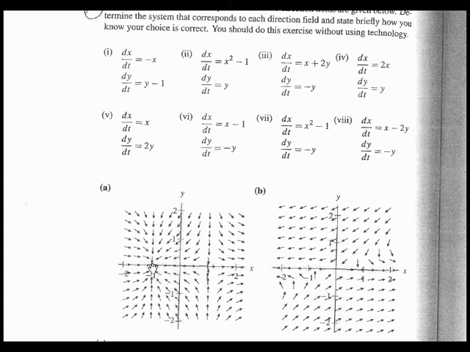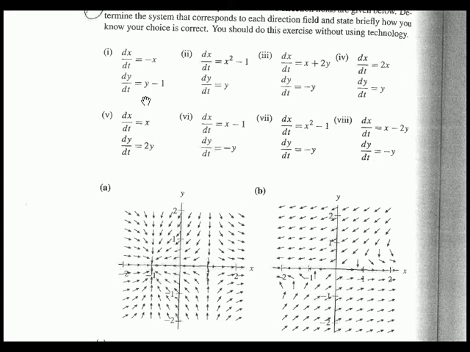This one looks like a sink, it's sucking everything in. This one actually looks like kind of a node. In one direction you're getting blown out, in one direction you're getting sucked in, but it's still an equilibrium point. So we're looking for systems that have equilibrium points at -1, 0, and 1, 0.